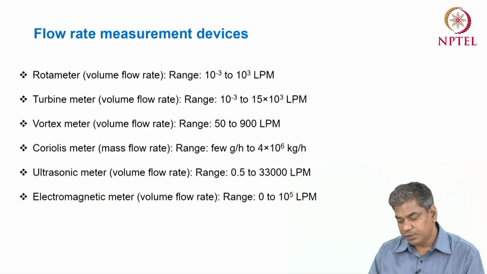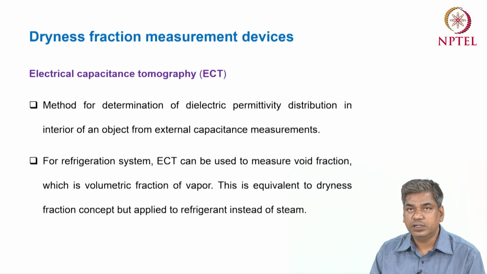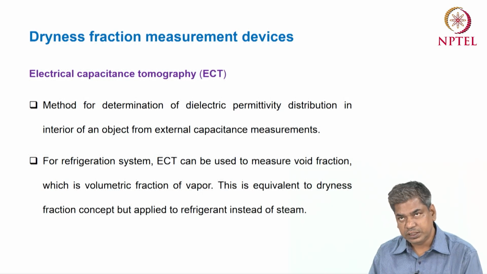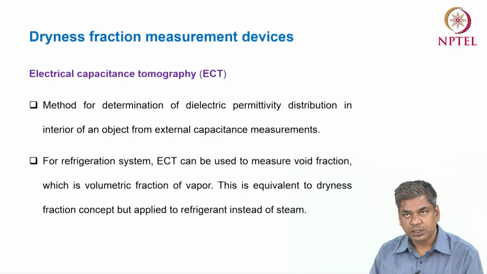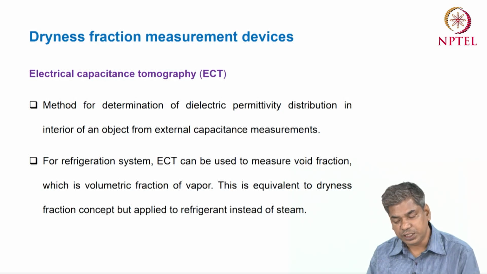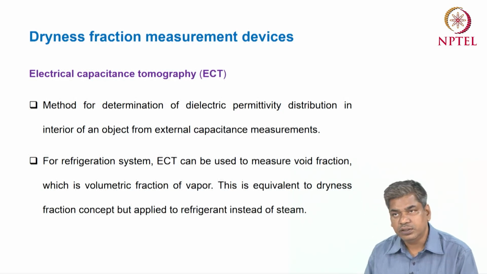Okay, so apart from the volume flow rate, we can also measure the dryness fraction of a refrigerant, because in a vapor compression system, at various positions there may be evaporation and condensation.